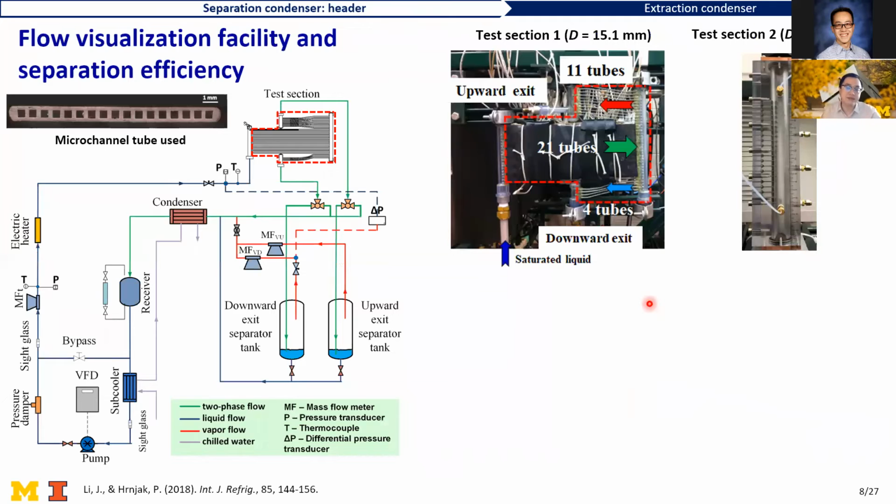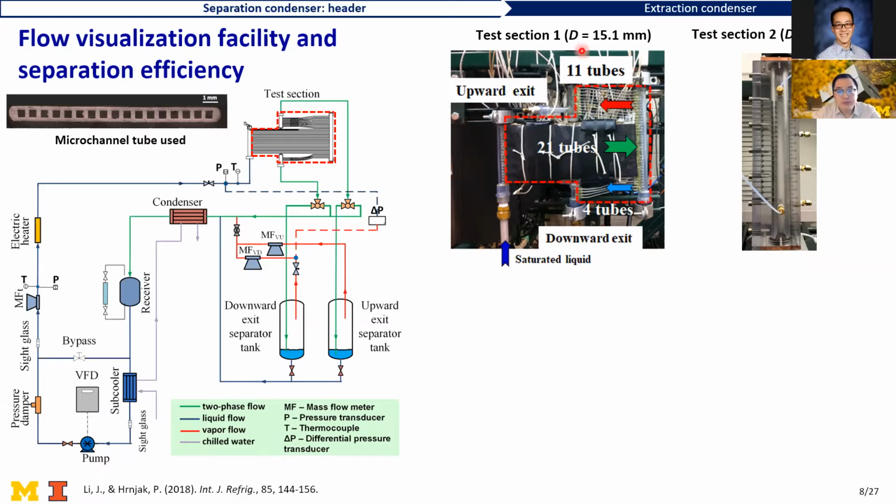So with this promising experimental validation for the separation condenser, we want to look further into the fundamentals in the header and study the two-phase separation inside the second header, because that is where the phase separation happens, and it will determine the downstream heat transfer performance.